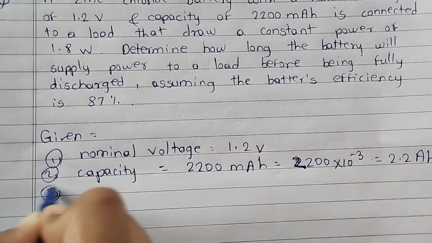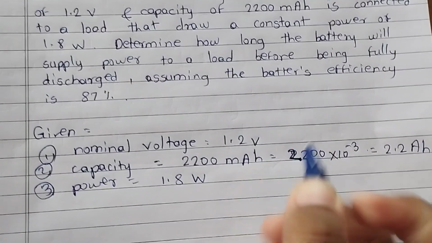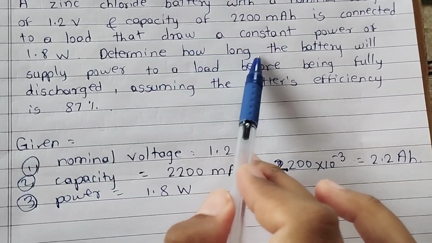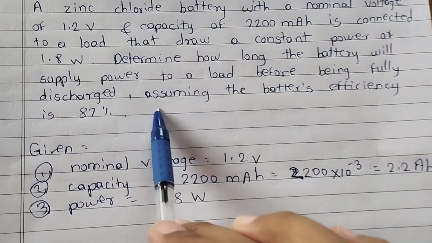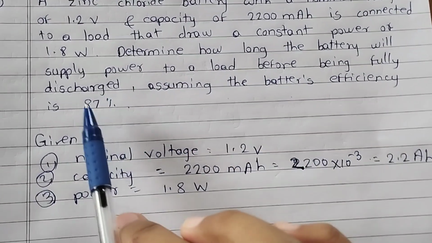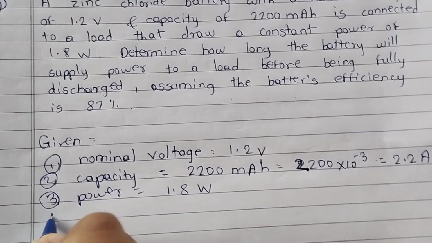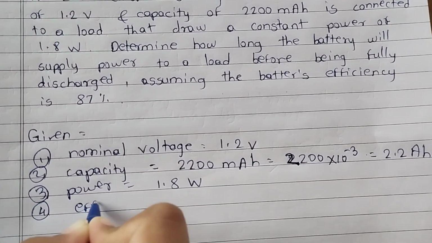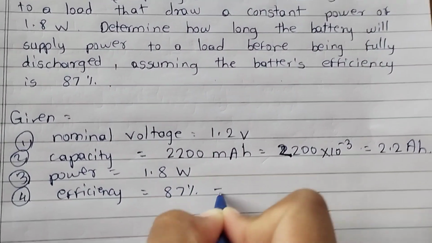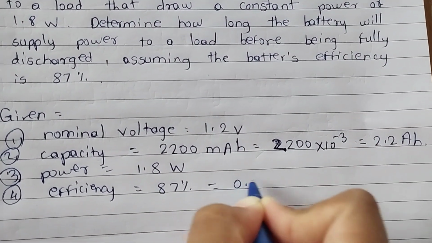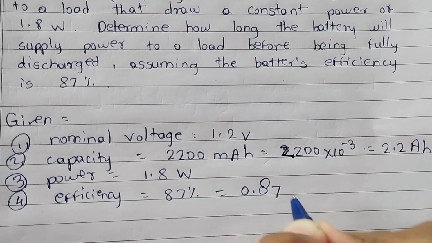So third, power is equal to 1.8 watt. Determine how long the battery will supply power to the load before being fully discharged, assuming the battery efficiency is 87%. So fourth is efficiency, which is 87%, which is nothing but 0.87.